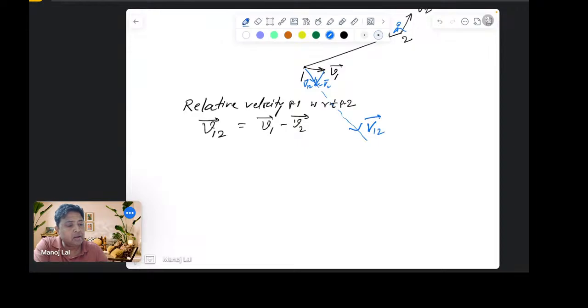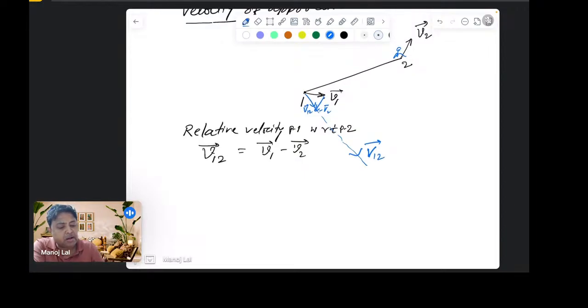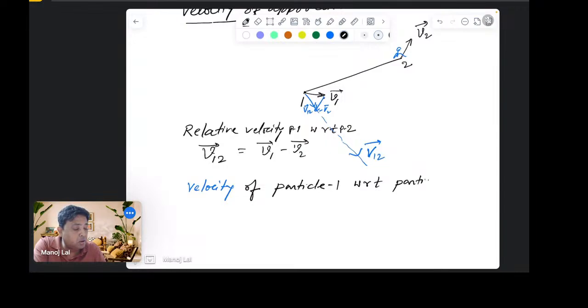So what is the difference? Here, if I take the velocity of particle 1 with respect to particle 2, but along, and this is important, along the line joining them.